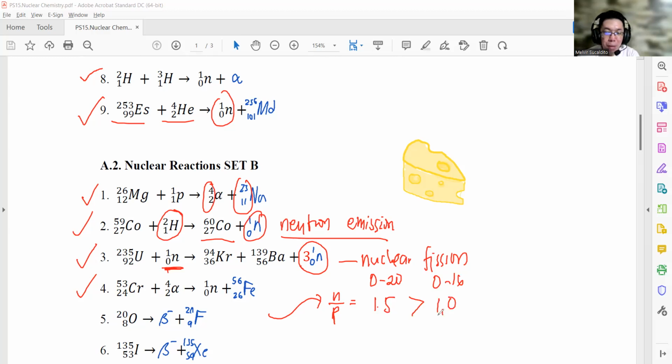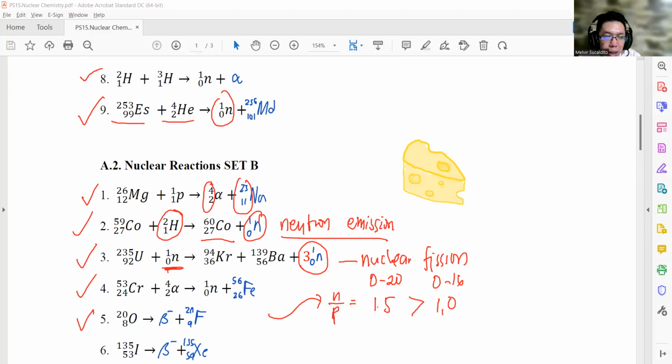So, kapag ganito, Josh, anong decay mode ang most plausible? Mataas ang neutron-proton ratio. Beta. That will be, okay, automatic, beta yan. Correct. So, beta ito.